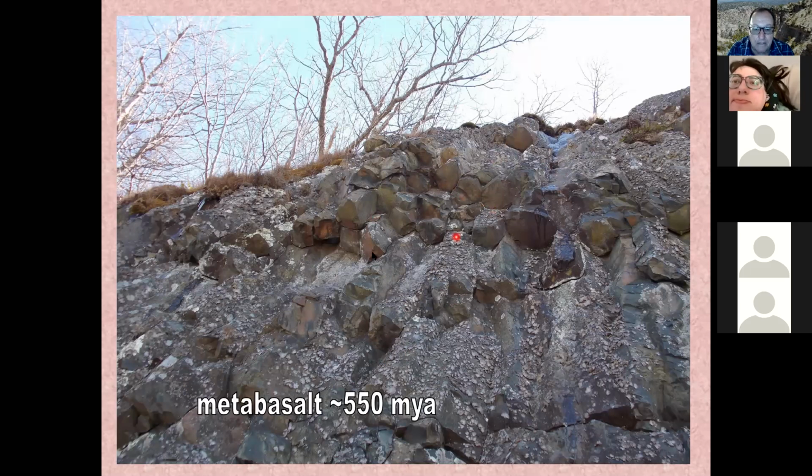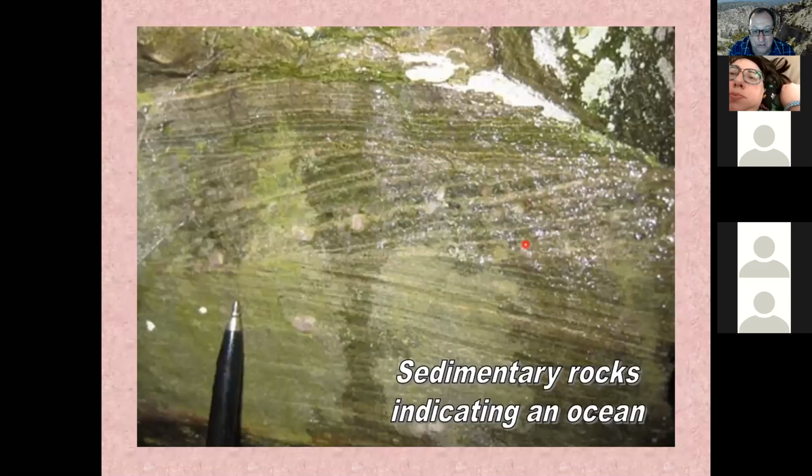We call it a pillow lava, where this lava flowed into a shallow ocean, and it cooled very quickly, similar to what's going on in Hawaii today, and it has formed these hexagonal shapes. So it's called pillow lava. There's a couple of good road cuts of it along the Skyline Drive that you really can't miss if you're looking for it.